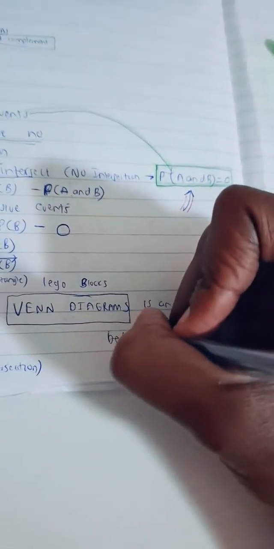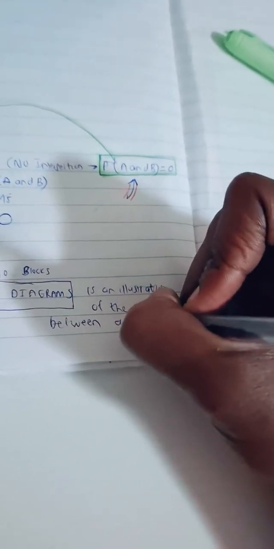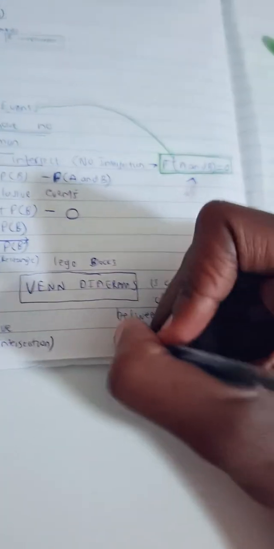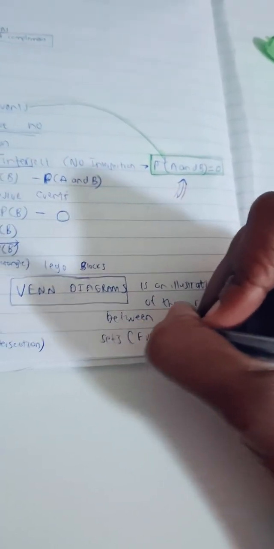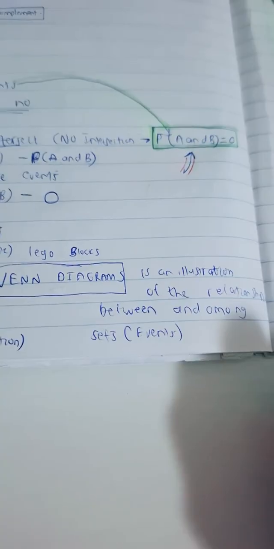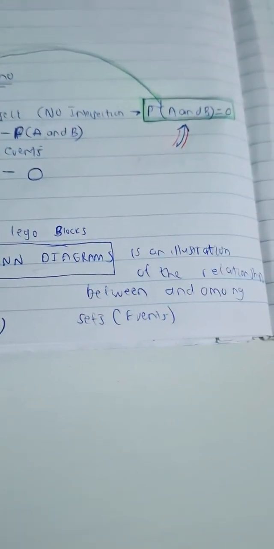Between and among sets, or what we call events, that share something in common or don't. Okay.